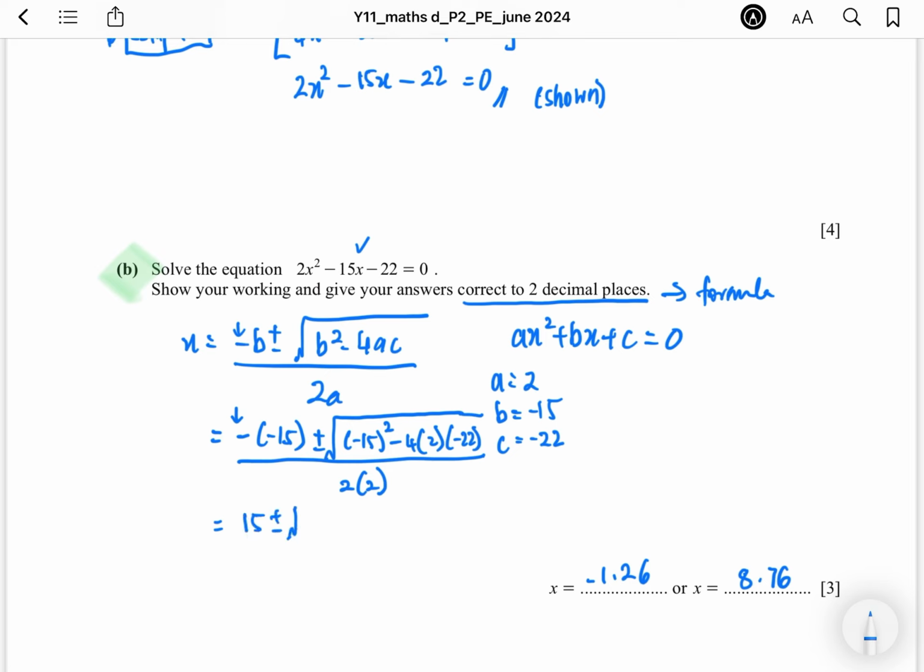You can straight away do this calculation using a calculator. That's fine as well. I'm just showing here for those who like to have their values written down.